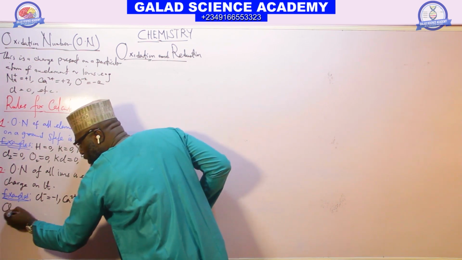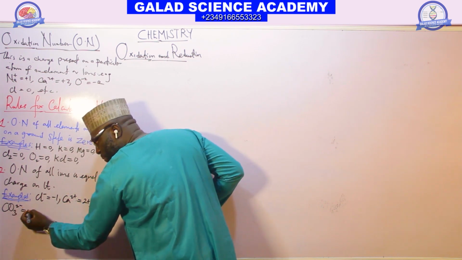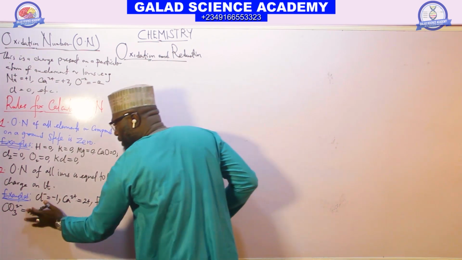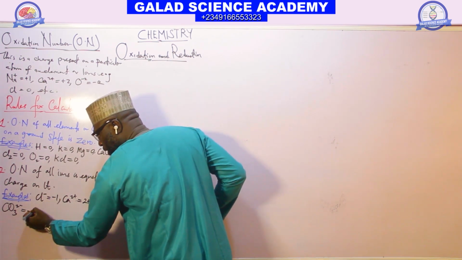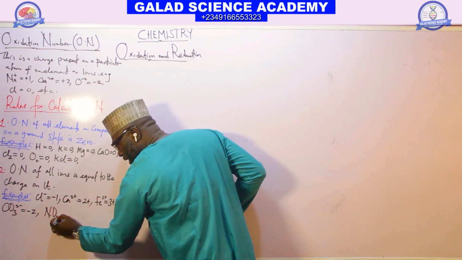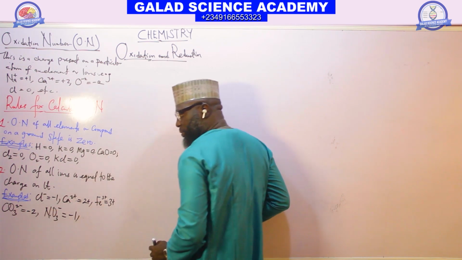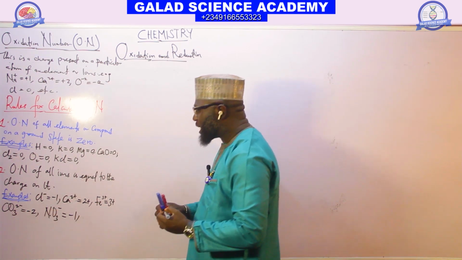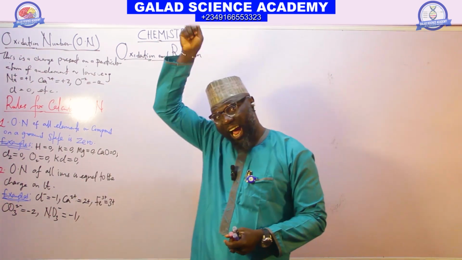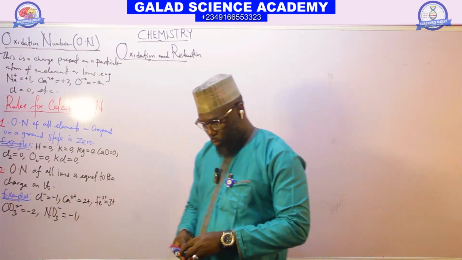If you have CO3 2 minus, the oxidation number is -2. The oxidation number of NO3 minus will give you -1. So the oxidation number of any ion is equal to the charge on it. That is the second rule.